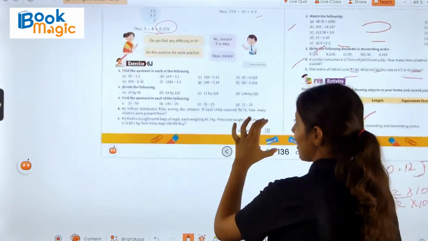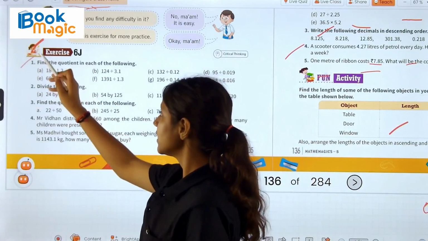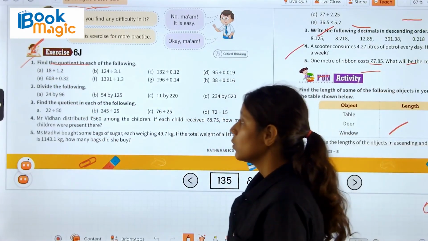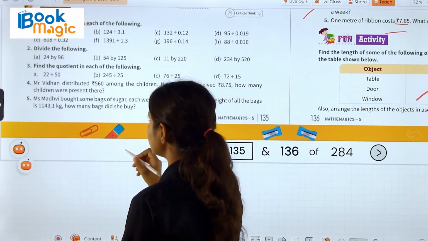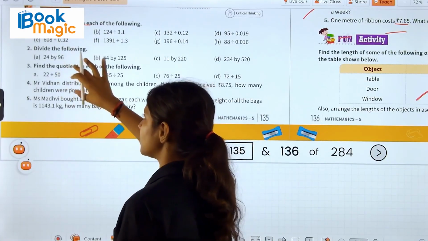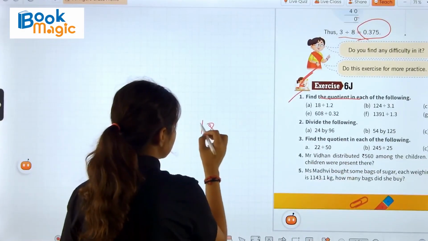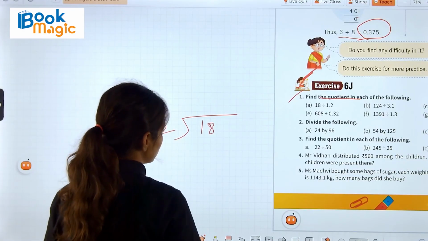Here we have exercise 6J. The very first question is find the quotient in each of the following. 18 divided by 1.2. So, you have to just write here the division. We have done lots of questions of this. So, we can see here this is 18 and this is 1.2. Okay.